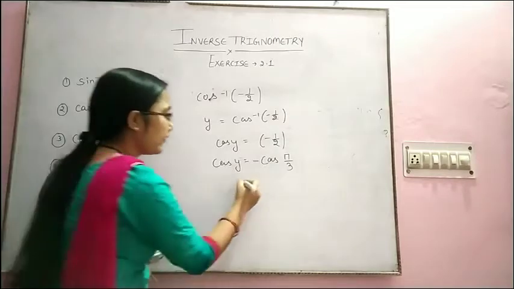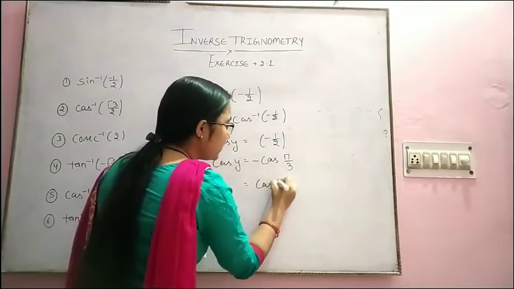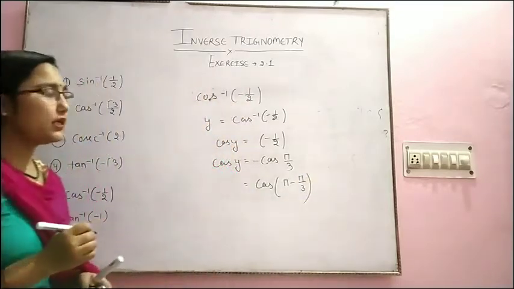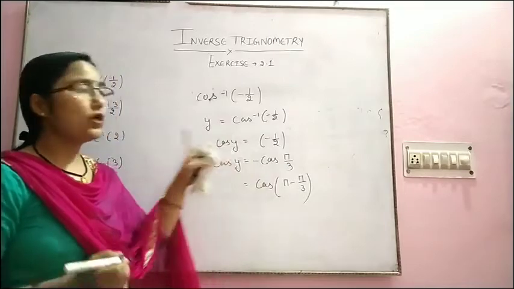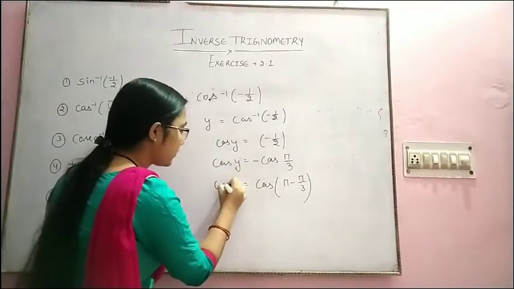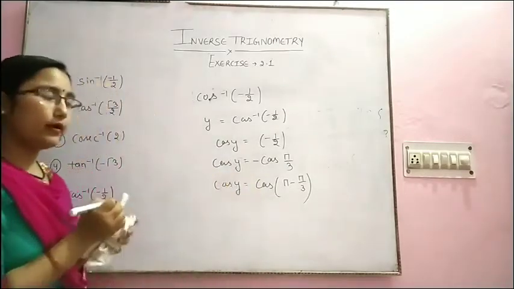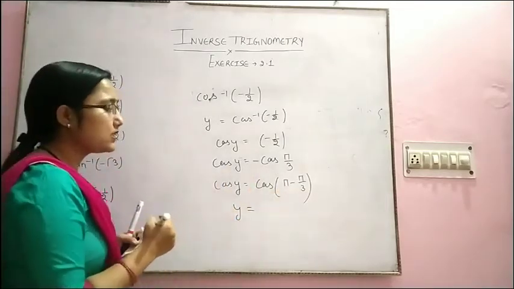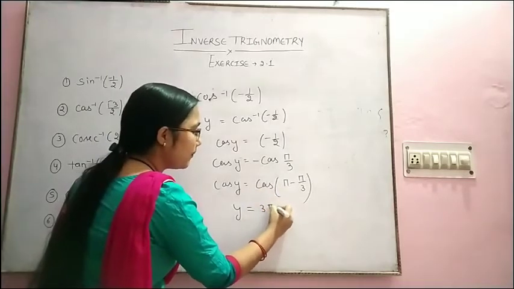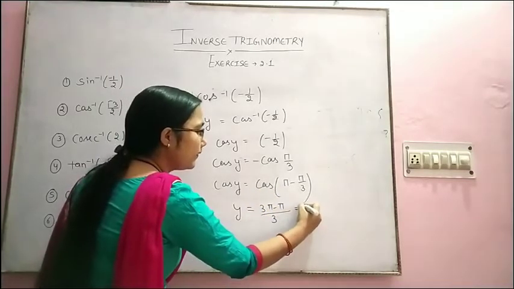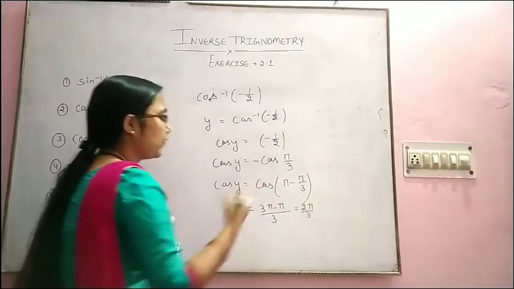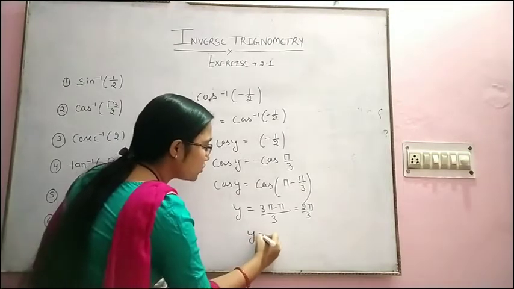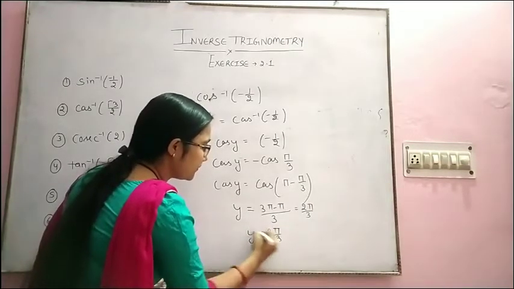That's why we write cos of pi minus theta, because cos of pi minus theta, that means 180 minus theta, equals minus cos theta. This is cos y. By comparing, we get y equals pi minus pi by 3, taking LCM 3, that means 2 pi by 3. So the principal value for cos inverse minus half is y equals 2 pi by 3.